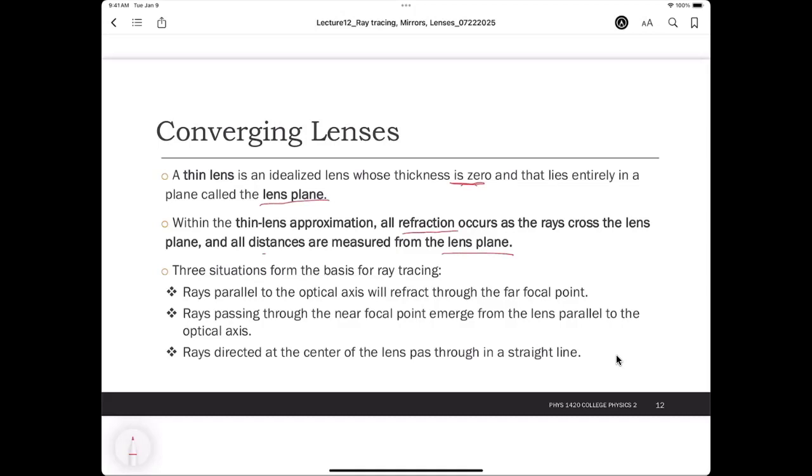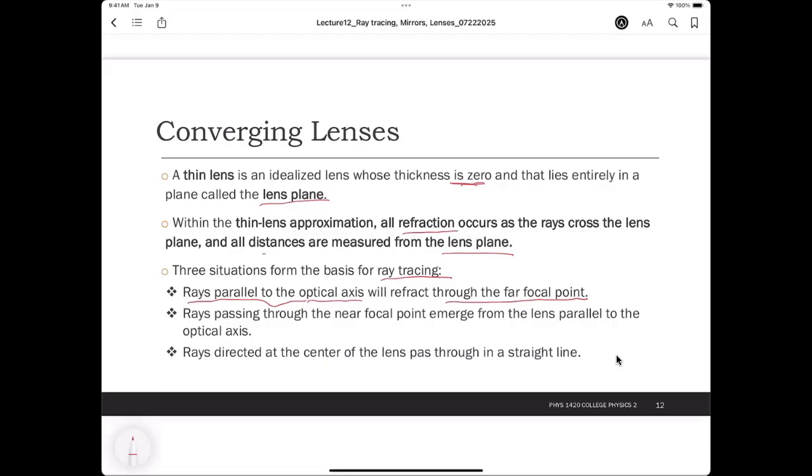And there are three situations that form the basis for ray tracing. Firstly, rays parallel to the optical axis will refract through the far focal point, and rays passing through the near focal point emerge from the lens parallel to the optical axis.